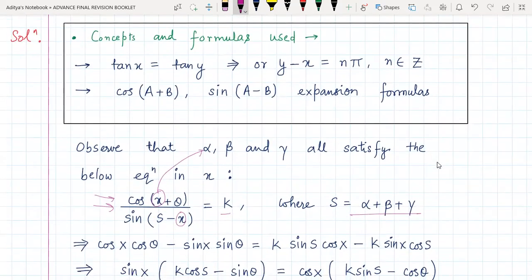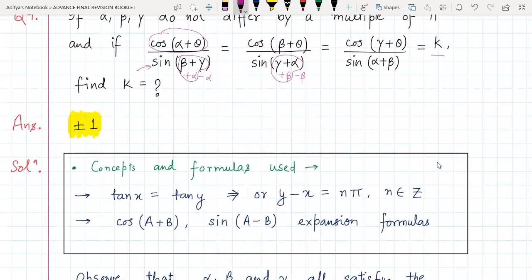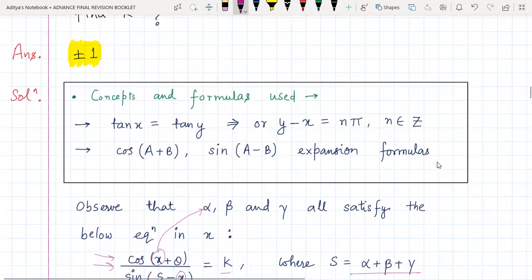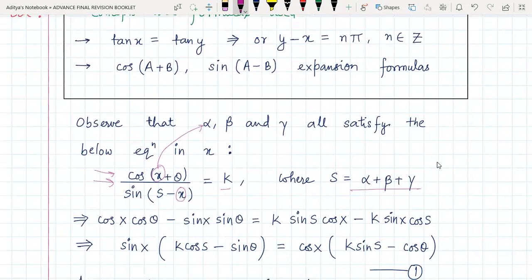So indeed alpha satisfies this equation. Similarly, if you put beta, you will see that it generates the second equation, cos of beta plus theta upon sine of gamma plus alpha is equal to k. And similarly, when you put gamma, it generates the given third equation. So that's the reason why we are saying alpha, beta, gamma all satisfy this particular equation in X. I hope this point is clear. After that, the question is easy.